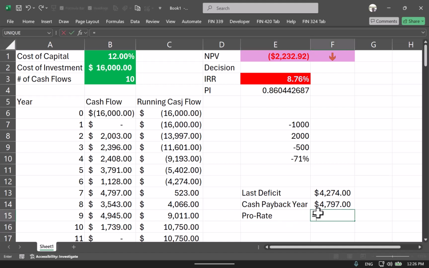What portion of the 7th year do I need to get that money?